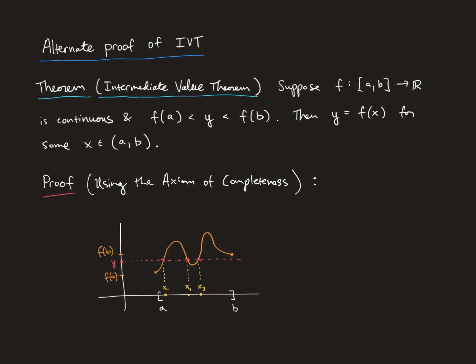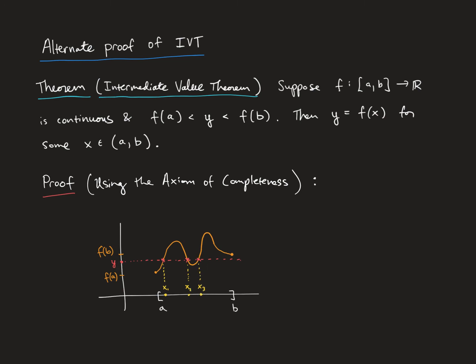To get a sense for the idea of this proof, I've drawn a little picture here. We have our continuous function f, the graph of it drawn, and we have f of a less than f of b, and some value y in between f of a and f of b. If we go across the graph at y horizontally, we locate three values of x which attain this value of y.